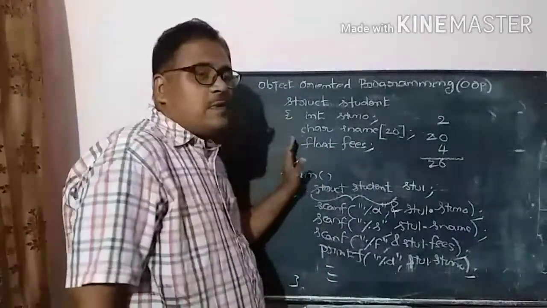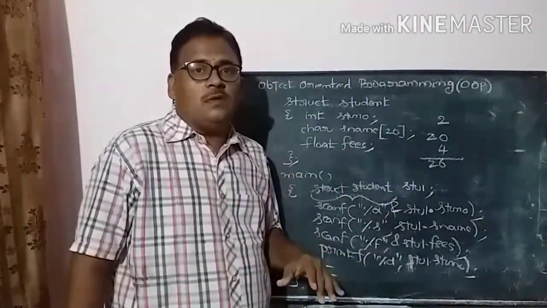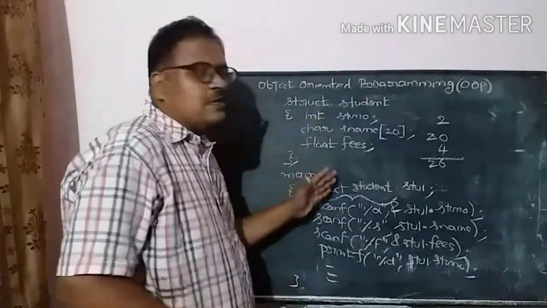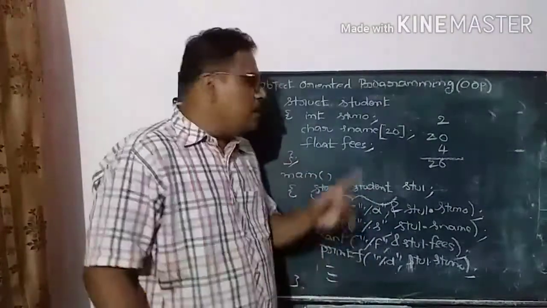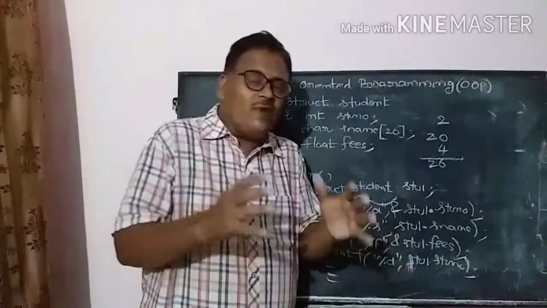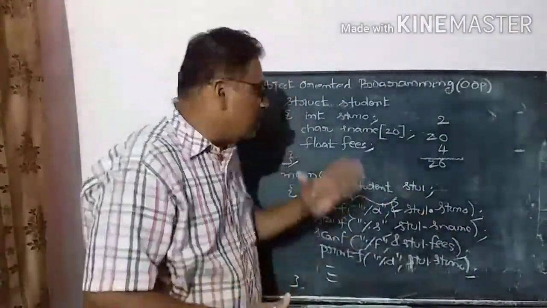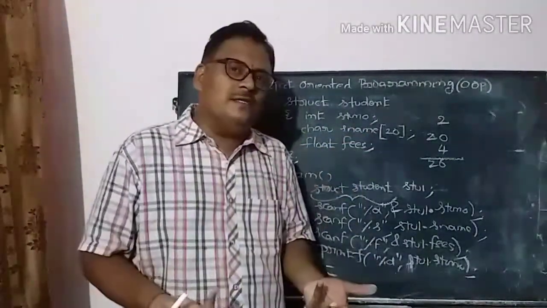The same concept is used in object oriented programming also. In procedure oriented programming we call this concept structures. Coming to object oriented programming, this is called a class. What is the difference between structures and class? Coming to structures, data is open to all functions.